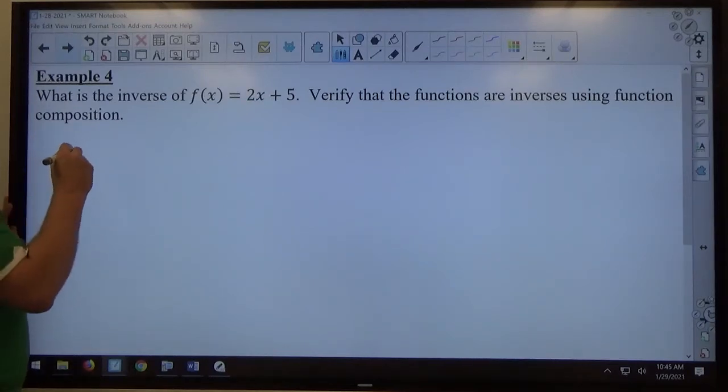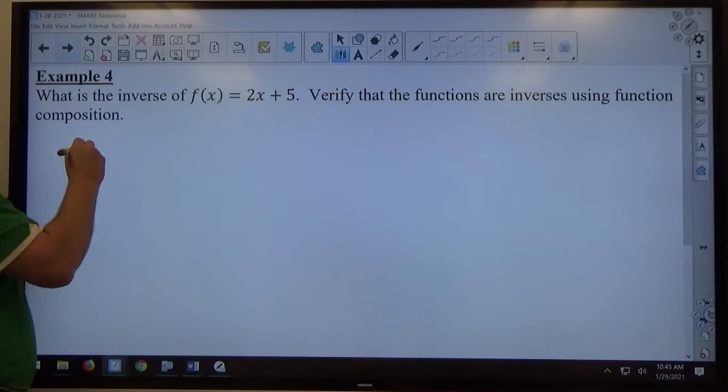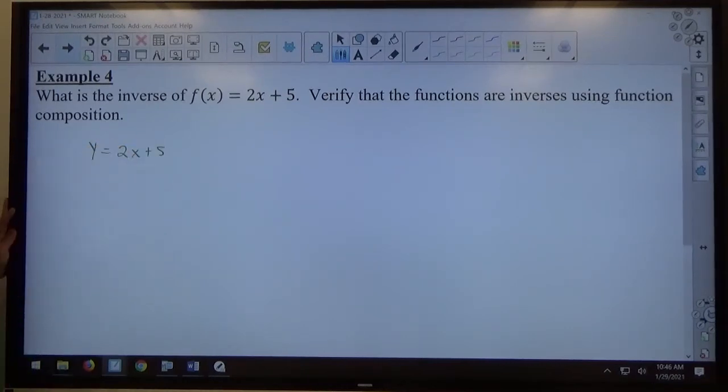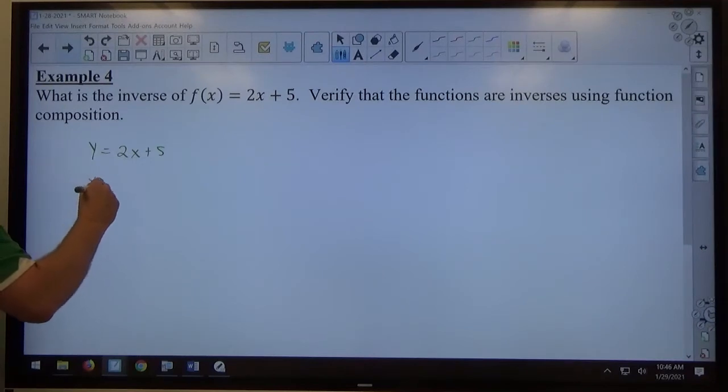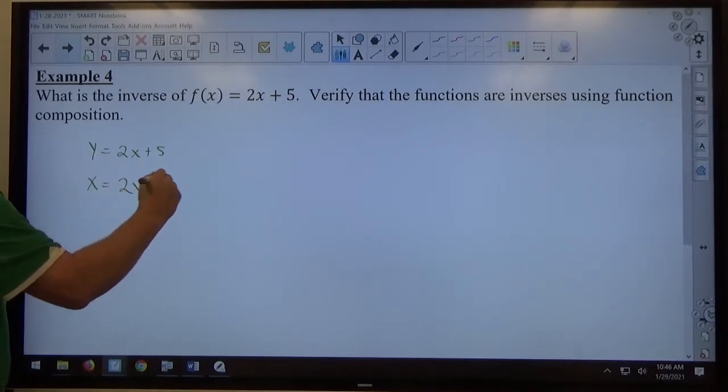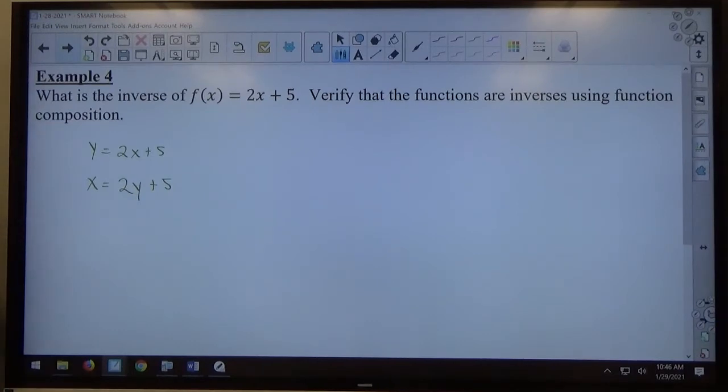If I'm starting off with f of x equals 2x plus 5, I'm going to call it y equals 2x plus 5. To make the inverse function, I'm going to swap x with y and y with x. Everything else stays as is. So this y becomes an x, 2 stays 2, this x becomes a y, plus 5 stays plus 5.